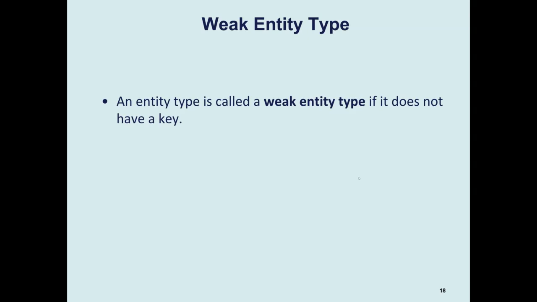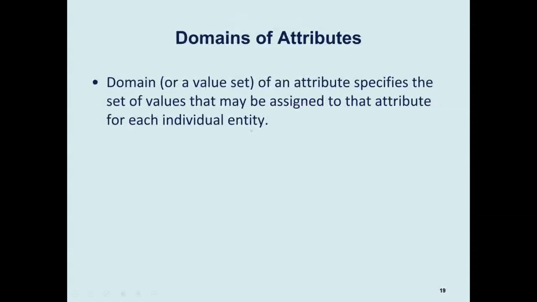Most of the time we have to remove some redundant attributes in certain entity types. Then we suddenly realize that some entity type no longer has a key, meaning that even if we use all attributes of that entity type, they still cannot uniquely identify each entity. We're going to discuss that later. But you need to know that there is a possibility that we do have a weak entity type after the design.